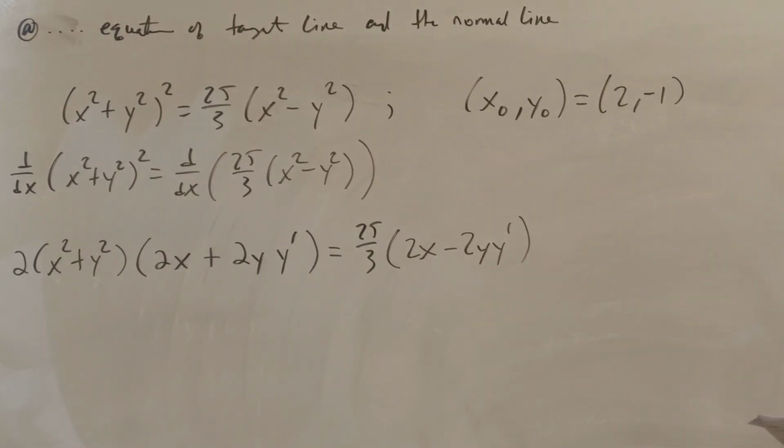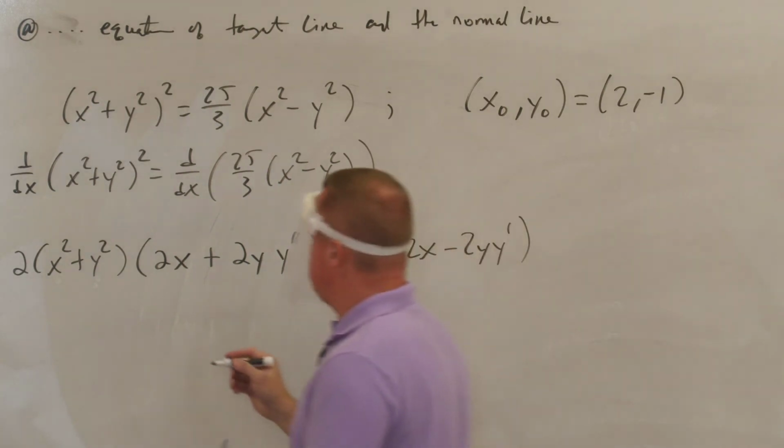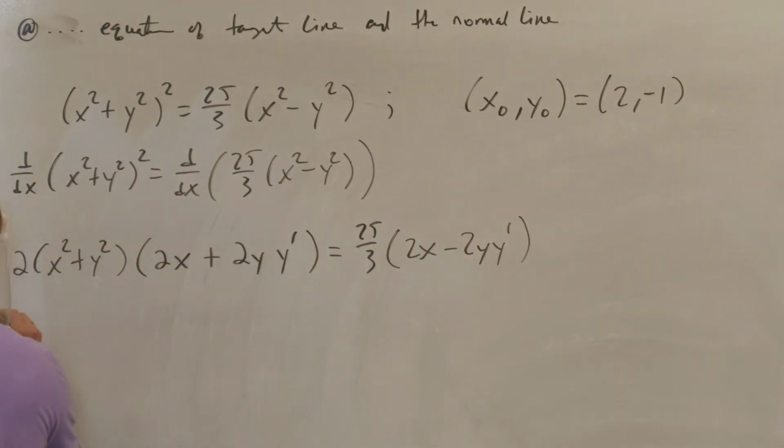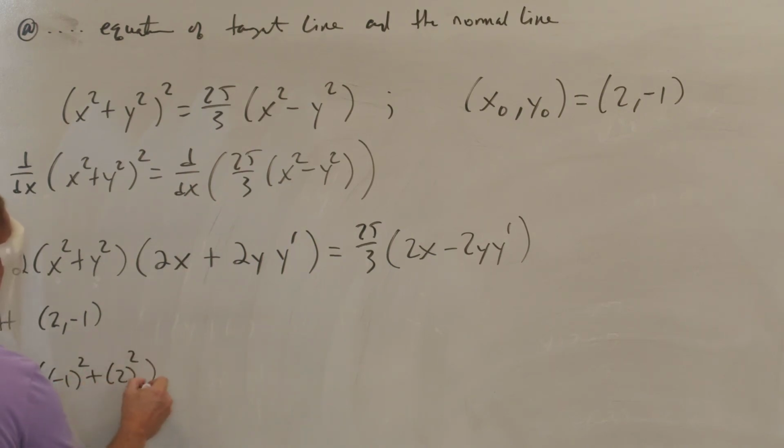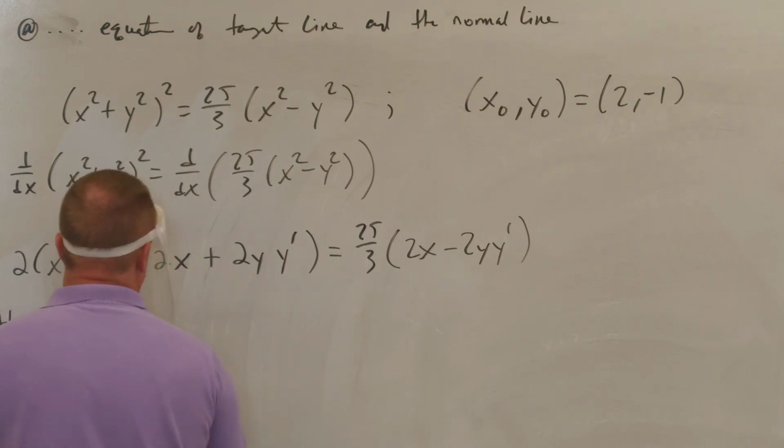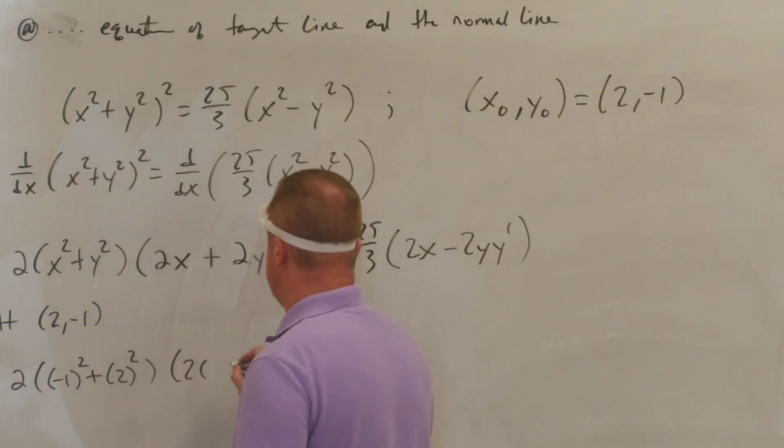But since it doesn't, let's just say at 2, negative 1, and then let's just plug in the numbers there. So I would have 2 times, x is 2, y is negative 1.